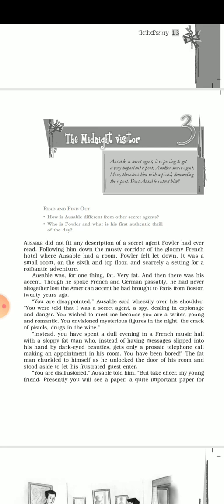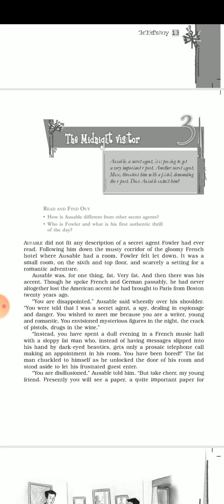He followed Audible. Why was he following Audible? Because he knew that Audible was a smart secret agent and he wanted to know more about Audible's intelligence by staying some time with him, right? So, by spending some of his time with Audible, Fowler wanted to know more about him. Reading somebody's life story or listening to somebody doesn't prove as fruitful as spending time with that person actually.